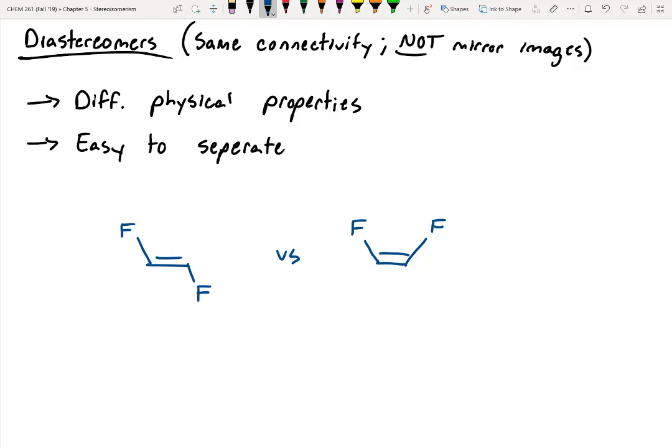Well, let's think about this, right? Let's think about the dipoles, right? This one will have an individual dipole going this way and this way. Is there a net dipole in this molecule? Okay, so no net dipole. What about the one over here? Yes, absolutely. The net dipole is going to be pointed way up in between the fluorines.